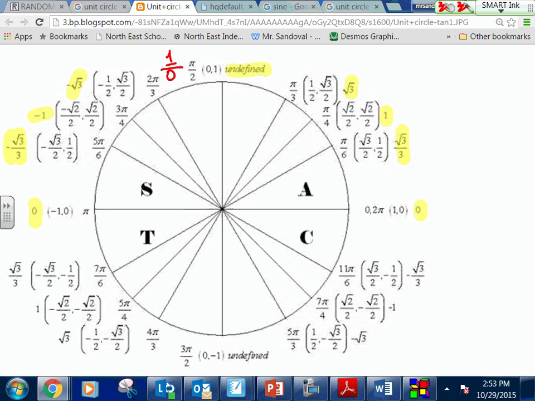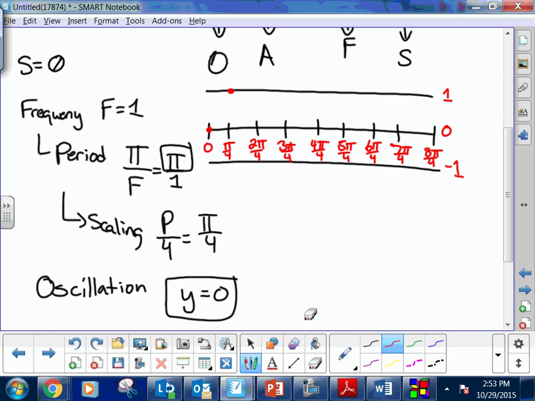How does that show up on a graph when you have something that's undefined? Well, we have a special way to mark it on the graph. It's an asymptote. An asymptote is the way that we mark something that's undefined, which means that on this trig function, we're going to make an asymptote right at pi divided by 2, or in this case, yours is marked off as 2 pi over 4.